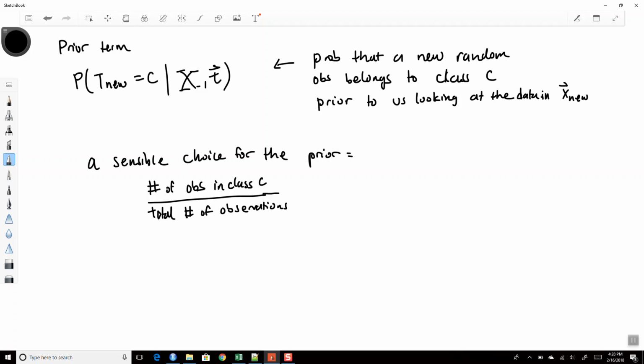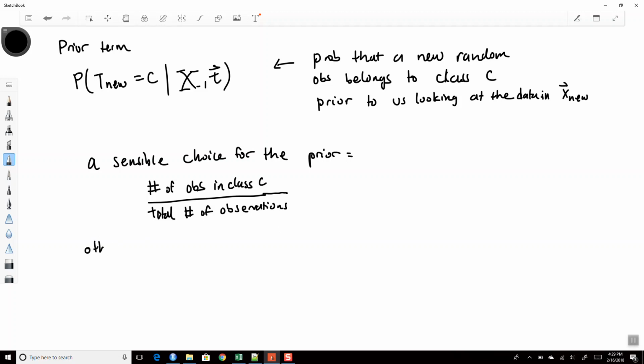So what's the probability that some random observation is Virginica? Well, you'd say, in our training data, I don't know, 40% of observations are of class Virginica. So based on our training data, when I pick a random point in the future, I'm going to guess there's a 40% chance that it's Virginica, okay? Or maybe the training data was evenly split, but who knows, right? So that's a sensible choice, okay?